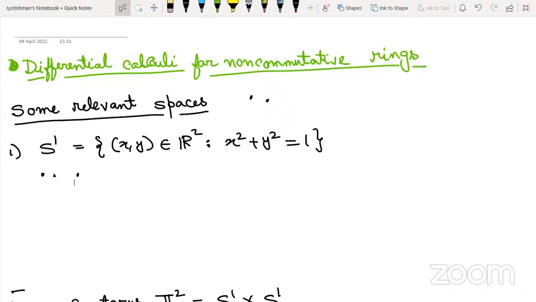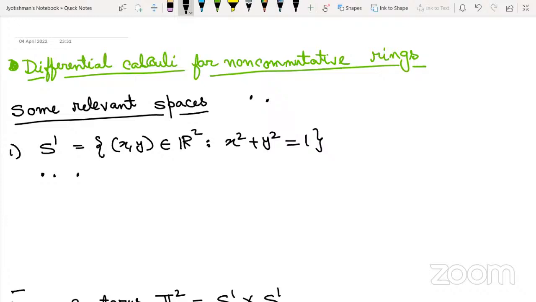Okay, so I will start with very basic examples. Of course, this might sound very trivial. The first example will be the circle. In the abstract, I mentioned that these relevant spaces will be level surfaces, which means that they are common zeros of a bunch of polynomials.